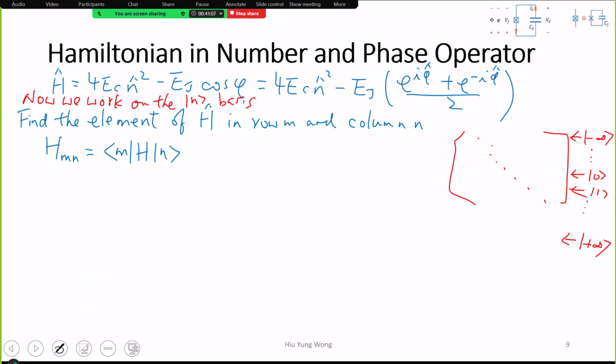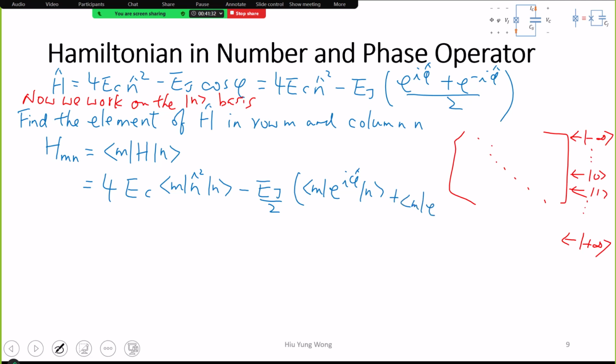Once I have this, then I can just apply it to my matrix. Then what will I get? It will be 4EC, M, N hat squared, N, and then minus EJ divided by 2, and then I have M, e to the power i phi hat, N, plus M, e to the power negative i phi hat, N. What am I doing here?